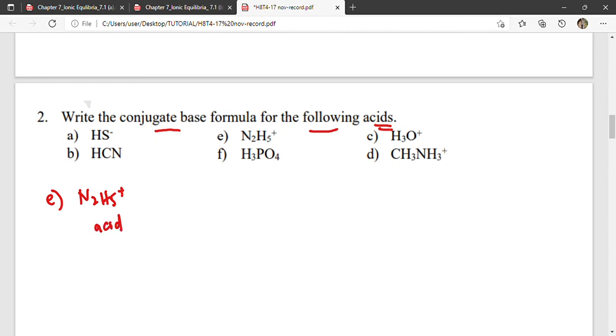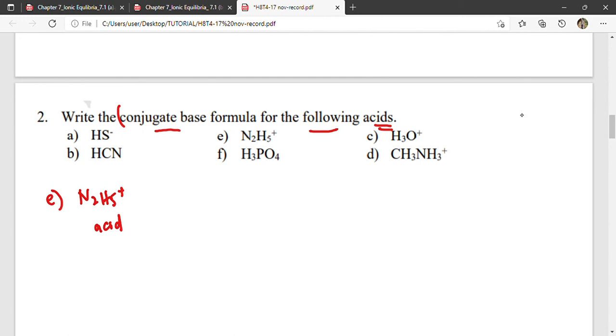And remember that if we are talking about the conjugate base formula or conjugate acid-base pair, it is the Bronsted-Lowry acid-base. So you need to write the equation that consists of the reactants of acid and also base. If N2H5 plus is the acid, what will be the base?